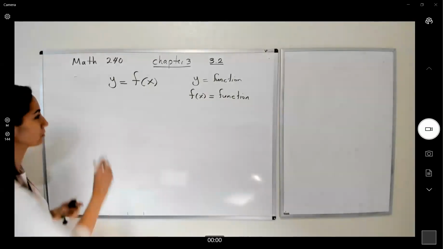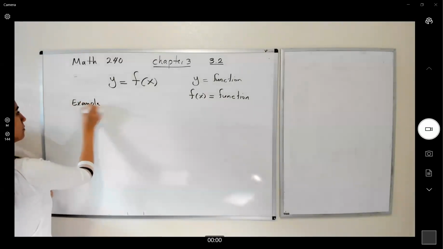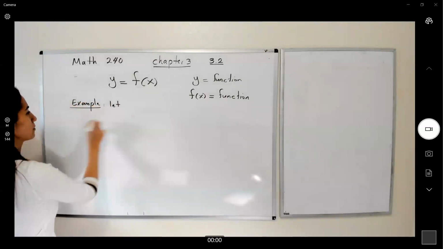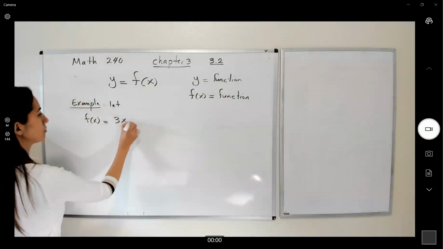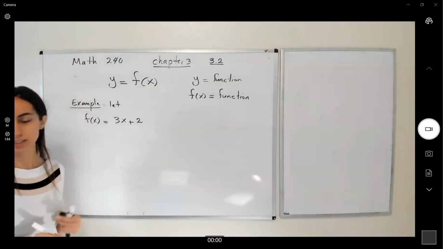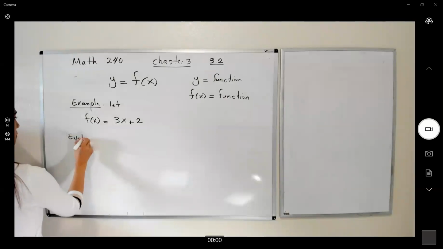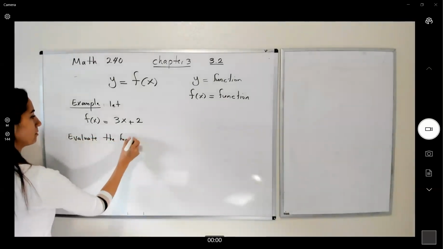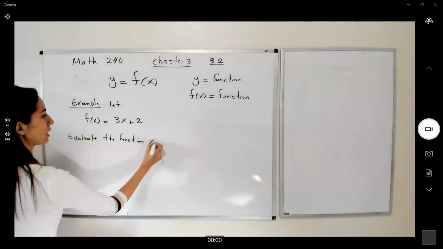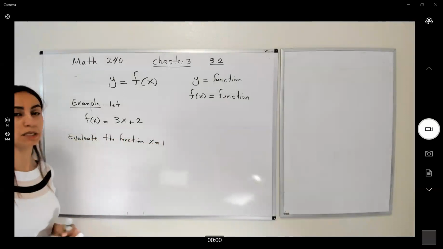For example, the first one says, let f of x be defined as 3x plus 2. The question says, evaluate the function when x is equal to 1. So what's the meaning of that?